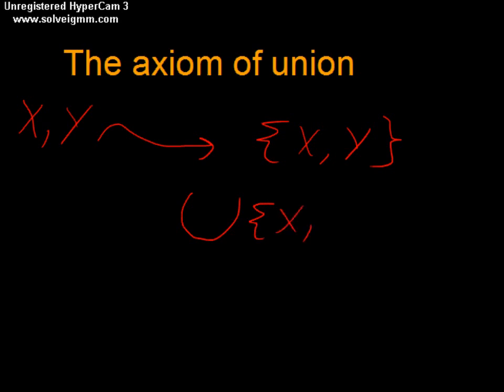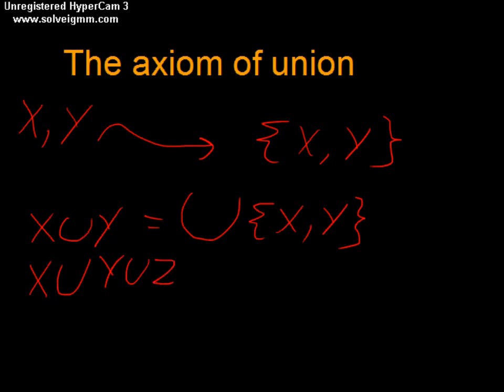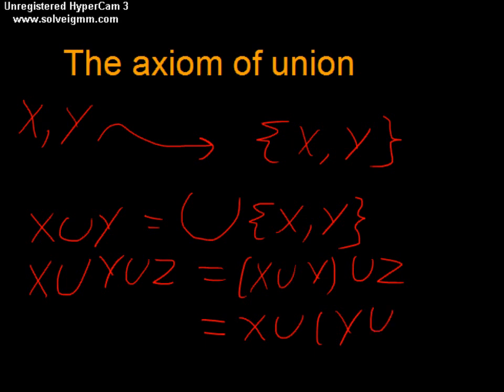So we get the union X ∪ Y. We use the usual notation X union Y. And we can then also form X union Y union Z as (X ∪ Y) ∪ Z, and you can check that this is exactly the same as X ∪ (Y ∪ Z). So this is the same, as you can easily check.